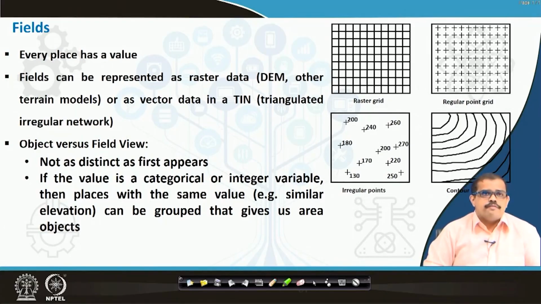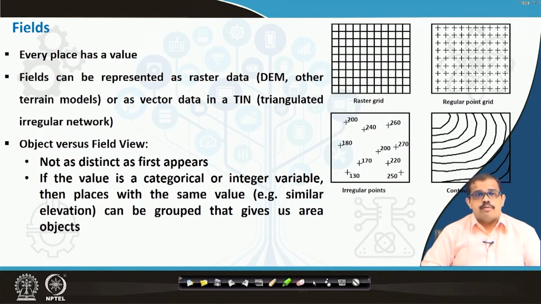Now, when you look at fields, every place has a value. Please remember this, it is extremely important. Every place has a value. Fields can be represented as raster data, for example DEM and other terrain models. It can also be represented as vector data in the form of a TIN, that is, triangulated irregular network.